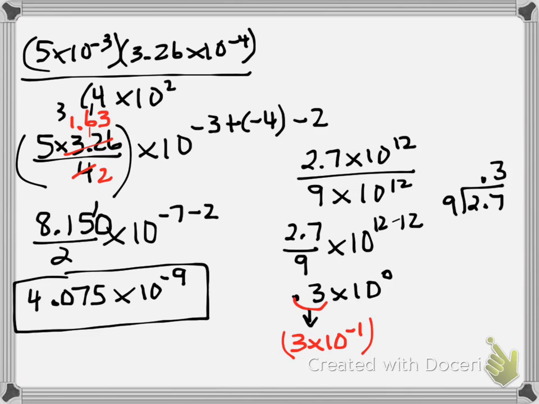Now, interestingly enough, I still have a 10 to the 0 power over there. But what happens when I take 10 to the negative first and multiply it by 10 to the 0? I get 10 to the negative first. So my answer works out to be 3, or 3.0, times 10 to the negative first. Okay? So that's what I mean by making adjustments. Sometimes you'll need to make adjustments. Okay? And that's it.